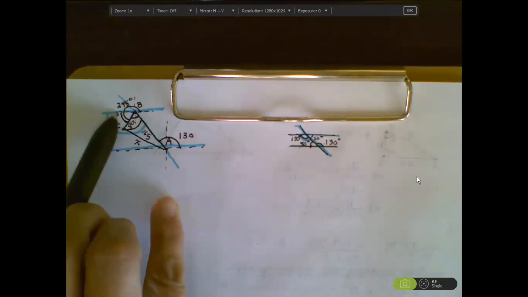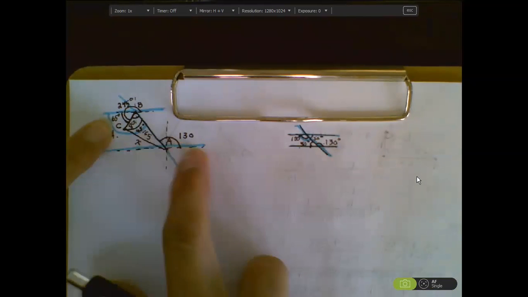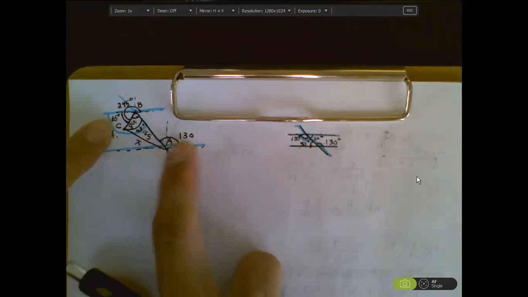If this little part's 65, then that part has to be 65 for those two parts together to add up to the same 130 that this angle is. That's a pretty tough picture to draw.